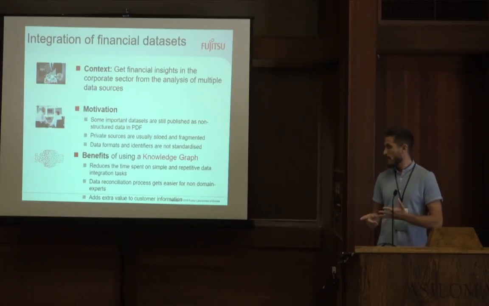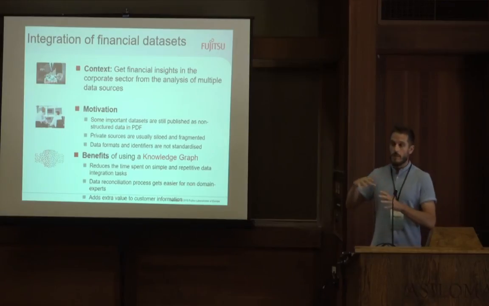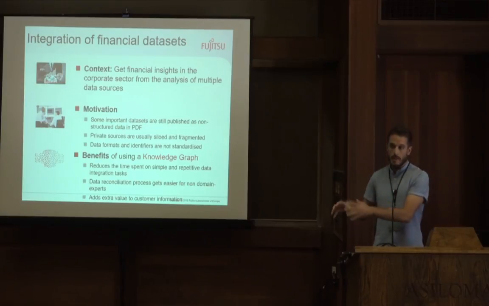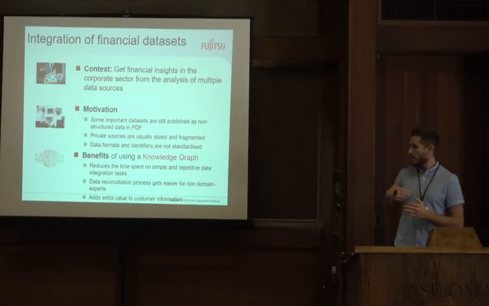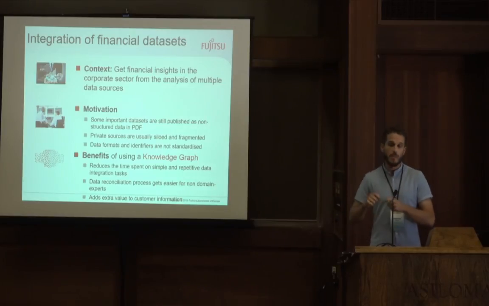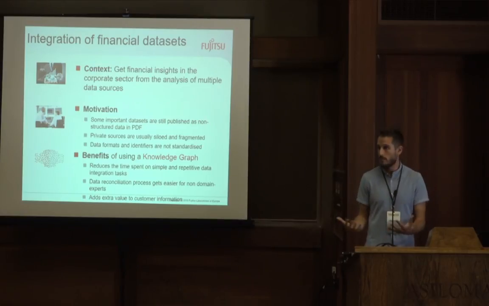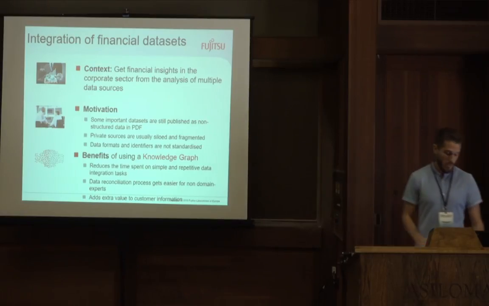Then data reconciliation gets easier for non-domain experts, so that if we keep the knowledge from previous usage interactions there, a non-domain expert user can benefit from it. And finally, it adds extra value to customer information because we are linking new data inputs to the knowledge that is already there.